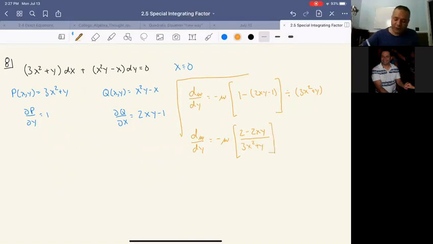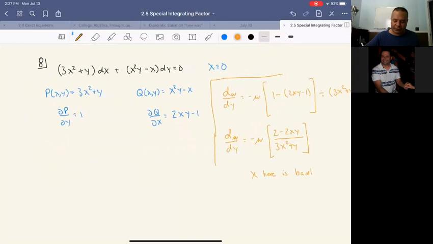Now we can see this is a problem because this equation should only have mu and y in it, and all of a sudden it has some x in it. We don't want that. The x here is bad, and that tells us we're not going to go down this road. So let's try the other one.